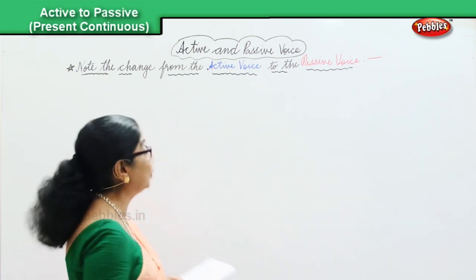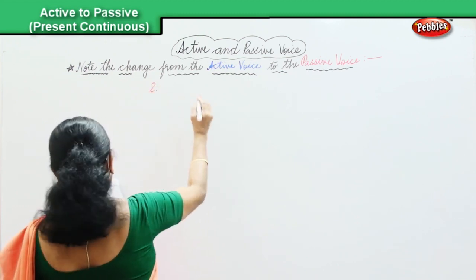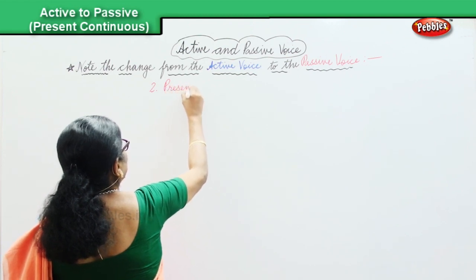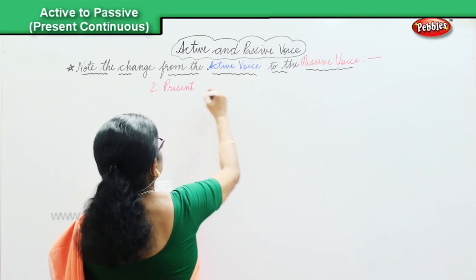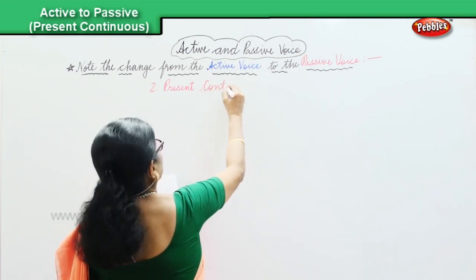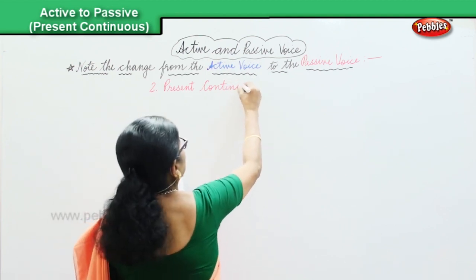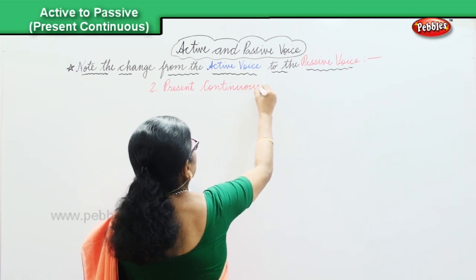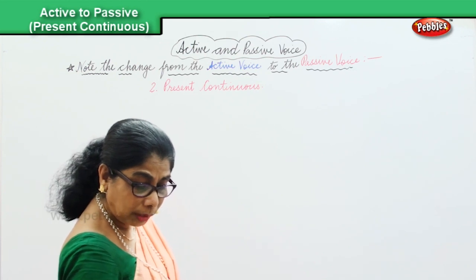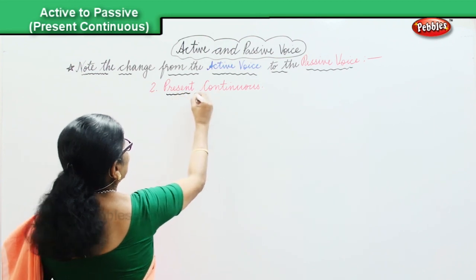So, the second, what we are going to do is number 2, present continuous tense. In the present continuous, we're going to look at how the changeover comes from the active to the passive.